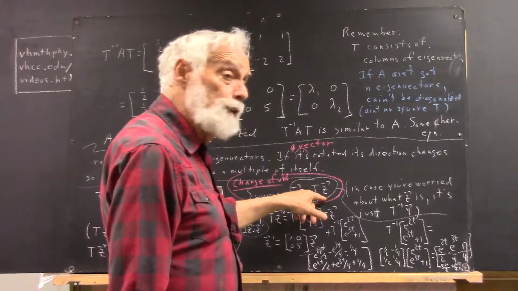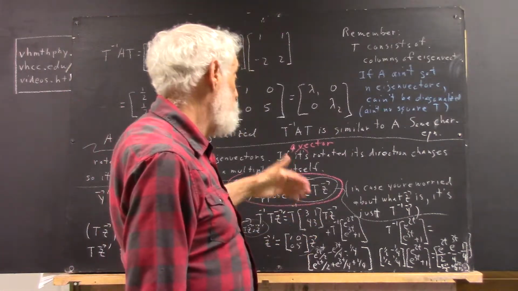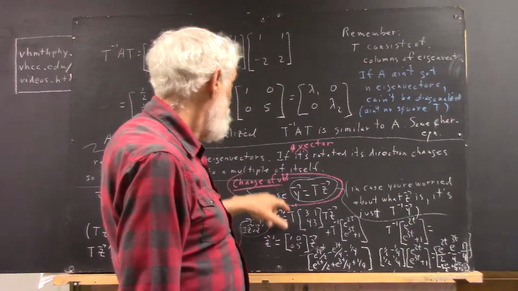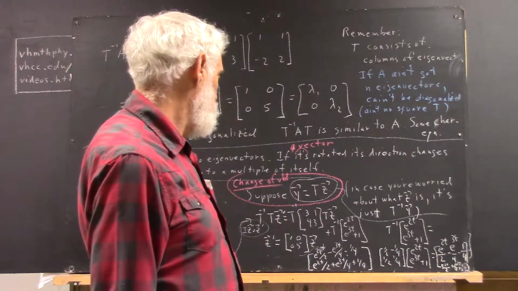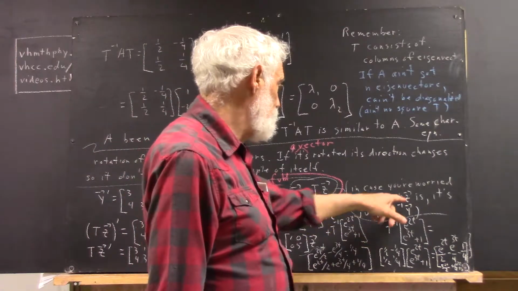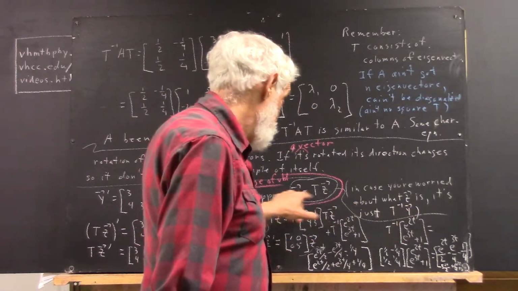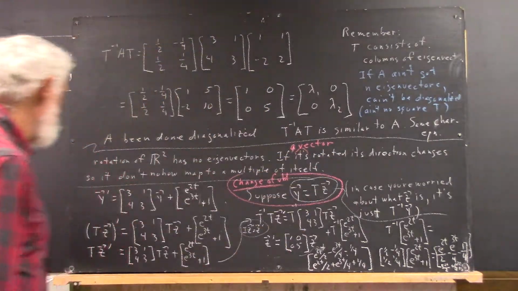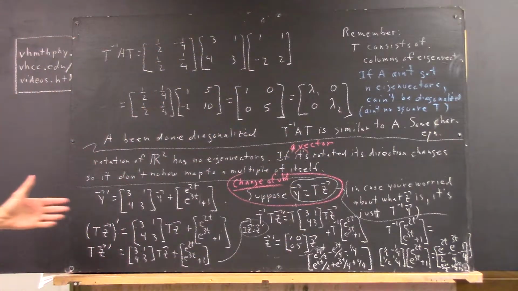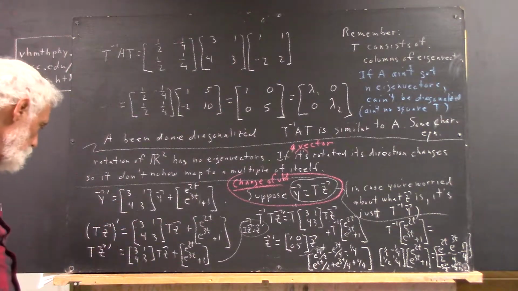But if y equals Tz, then if you multiply both sides by T inverse, you get T inverse y equals z. So z is just T inverse y, and that follows immediately from this. But you don't need to know that yet. We'll use it in a minute. If you don't understand that, put it off.